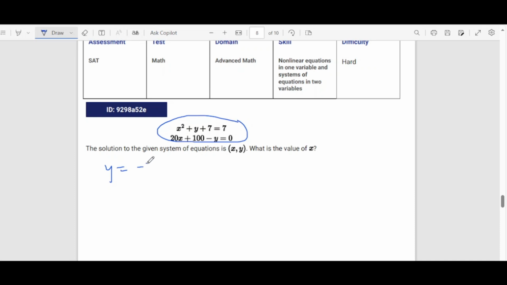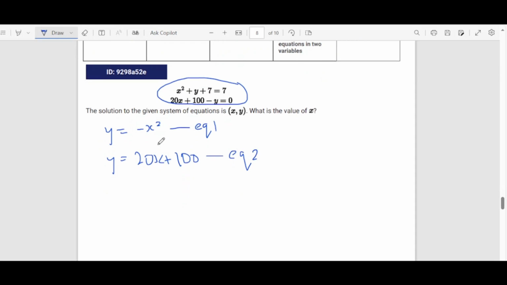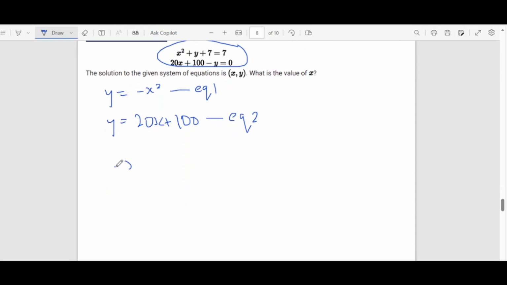y equals minus x square. This is equation 1, and for equation 2 we'll take y to that side, y equals 20x plus 100, and this is our equation 2. All right, so we'll just put them in front of each other.